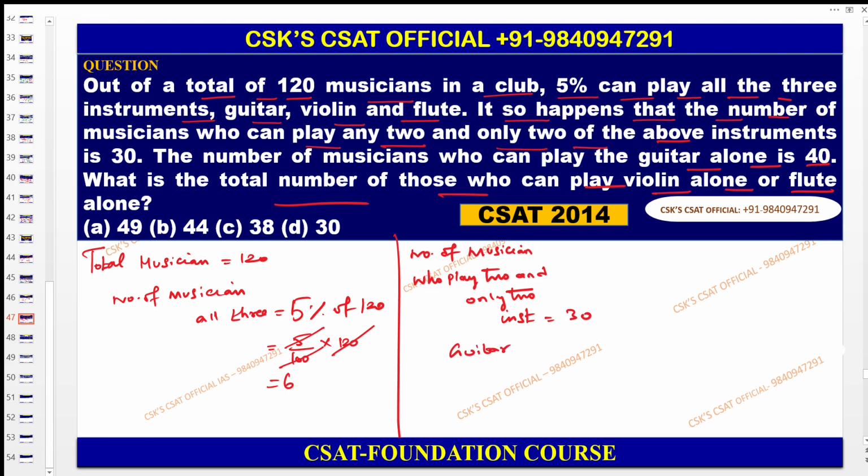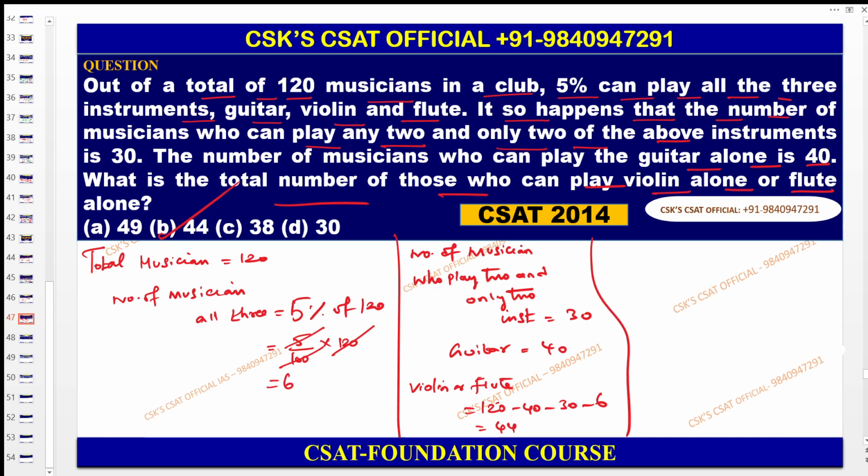Guitar alone is equal to 40. So violin or flute: simple. Take the data 120 and subtract everything here: minus 40 minus 30 minus 6, which is equal to 44. That's it. The answer is 44.